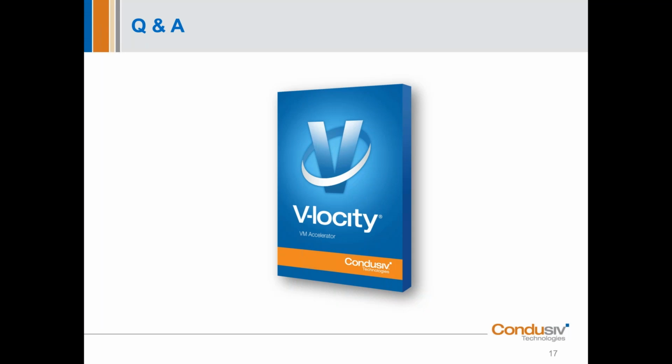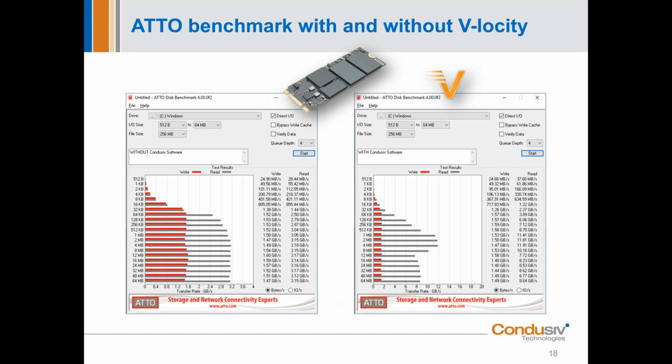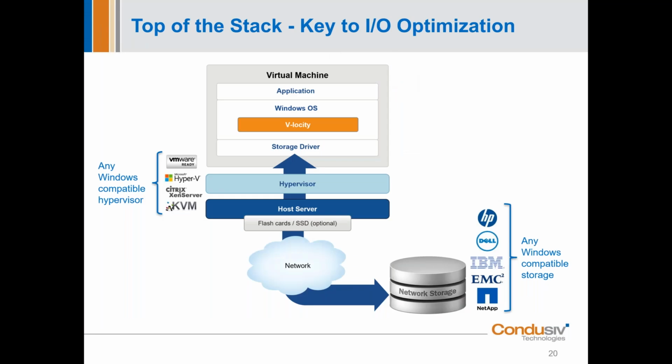Great question. In fact, I have a little diagram here which shows exactly where our software sits. So this is a rough, probably overcomplicated diagram of a virtual environment. You can see here we have our hypervisor sitting in the physical host.